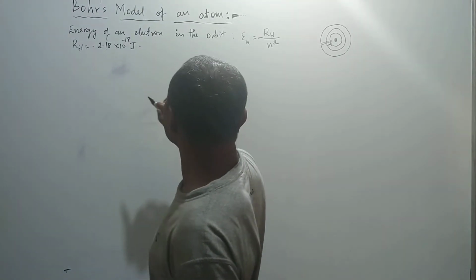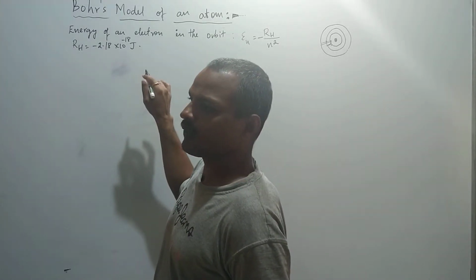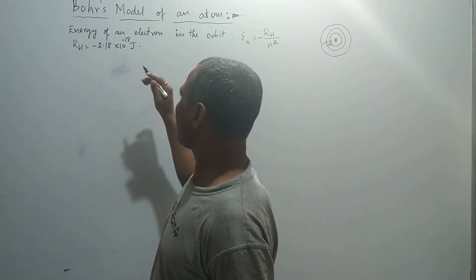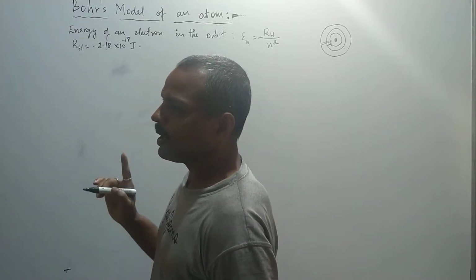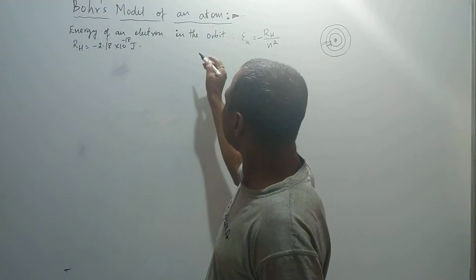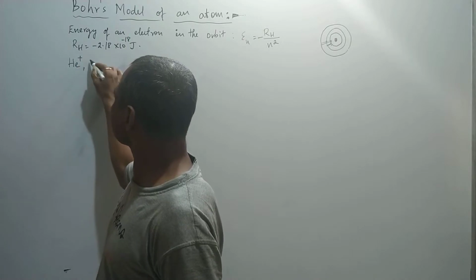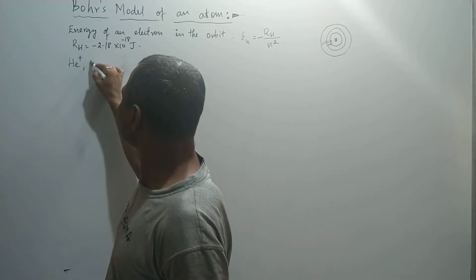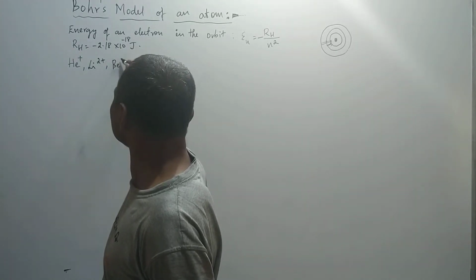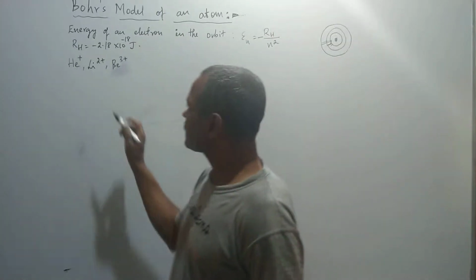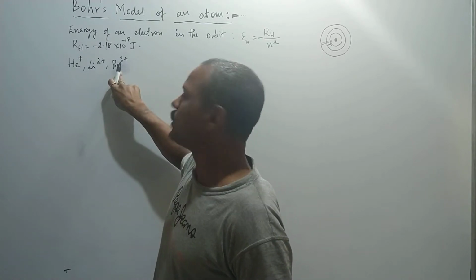Here he considered the generalized equation for every atom which possesses one electron, meaning any atom, for example, atoms like helium plus, lithium 2 plus, beryllium 3 plus, like this. So these possess a single electron around the nucleus.